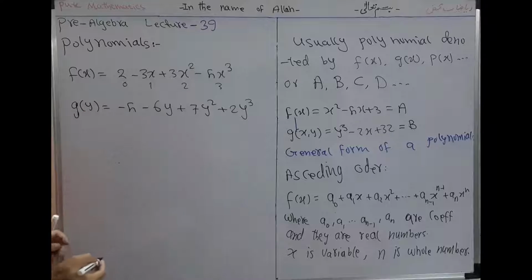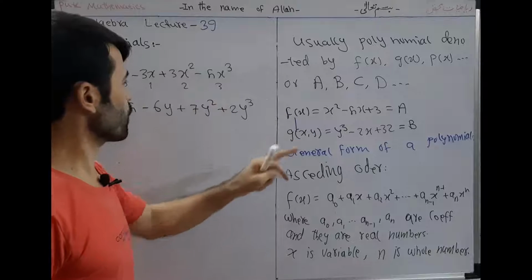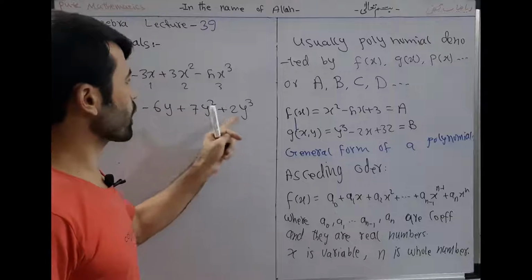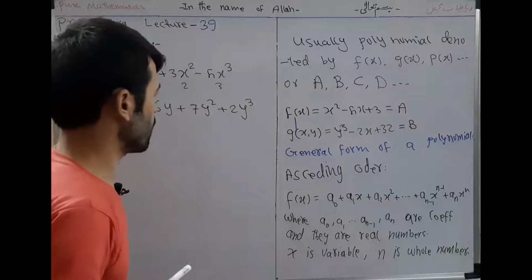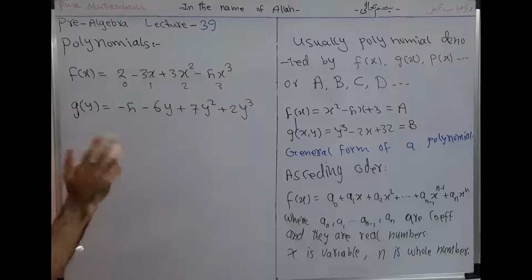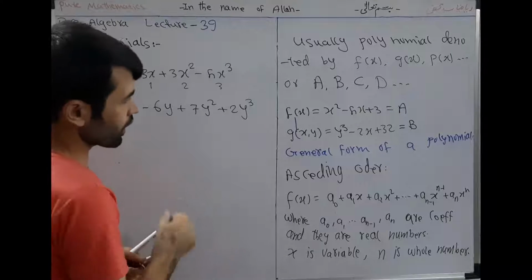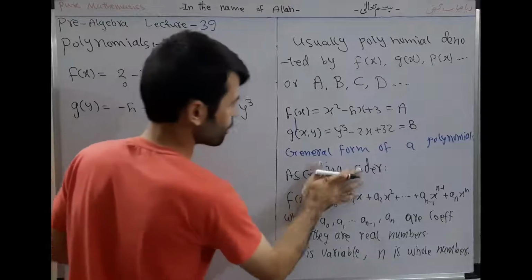It is also ascending order because their exponent increases from 0 to 3 or 4, 5 from left side to right side. Ascending order, it is like that.